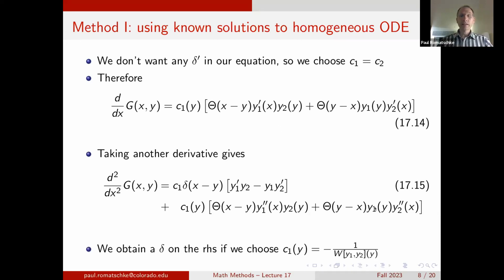So we can see that we can get the delta function with the right coefficient from this first term here if this coefficient function c1 is just minus, because of the definition of the minus d by dx squared term for the delta function, times this combination here, which can be recognized to be nothing else but the Wronskian of the two solutions y1 and y2. So if we choose c1 to be this particular Wronskian, then we'll get the right coefficient of the delta function on the right-hand side.